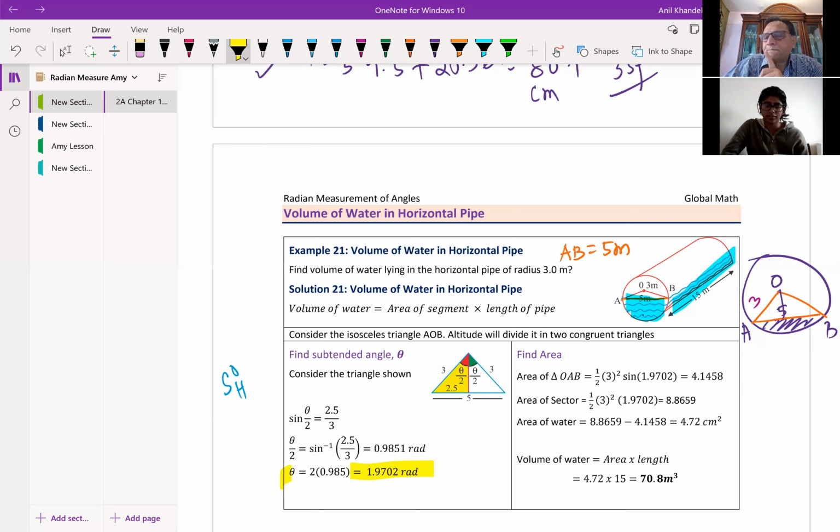Given that the ratio of the major sector and minor sector area is 5:3, find the angle theta. Part 2, if the perimeter of the minor sector, AOB, is 26 centimeters, then find the value of r up to 3 significant figures. And finally, part 3, now find the area and perimeter of the shaded region.